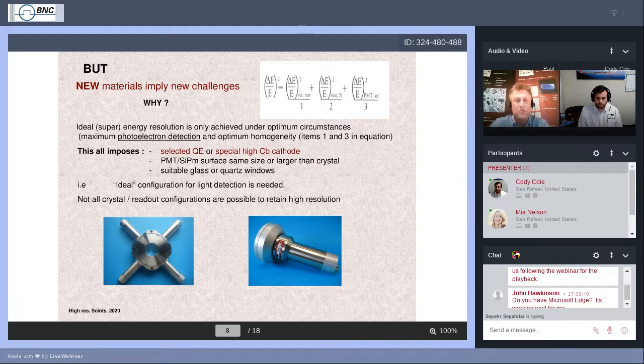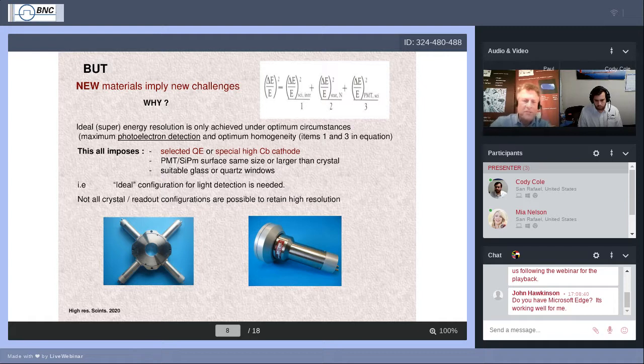And you have to choose the light detector surface, for a multiplier tube or a silicon detector, the same size or larger than the scintillator. And of course, you have to use a suitable size glass or quartz window, because it happens to be that many of these nice high-resolution crystals are quite hygroscopic. So it means that you have to use really an ideal configuration for the light detection in order to achieve the best energy resolution and get a real high-resolution detector using a high-resolution crystal.